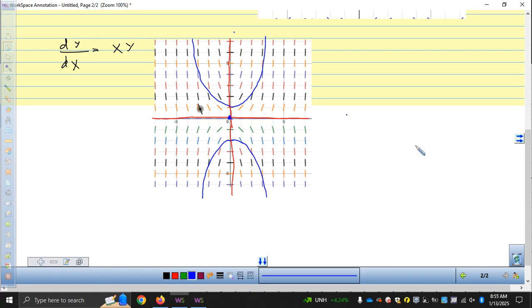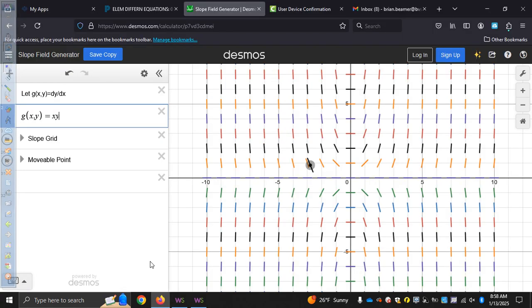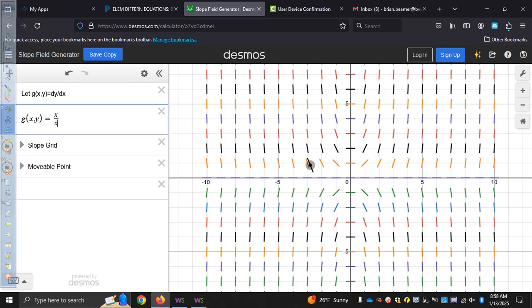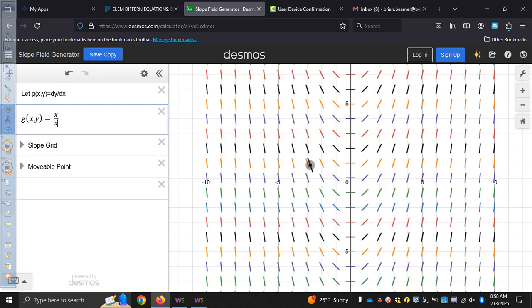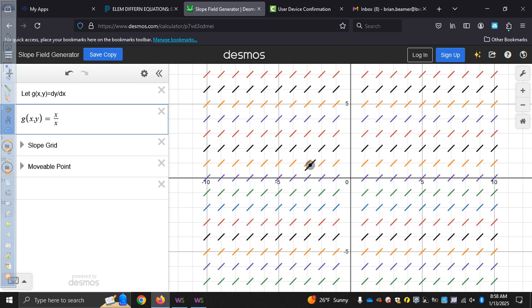What if the slope's undefined? Like what if it was y over x? Let's look. The slope is 1 everywhere.